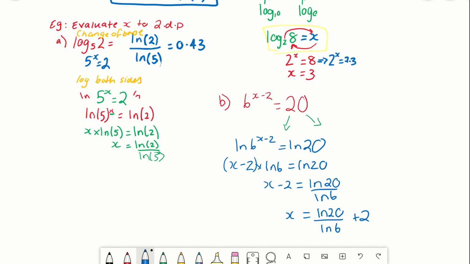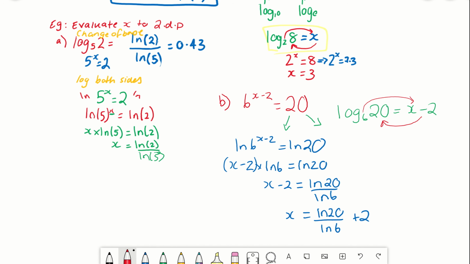Now, the other way you could have done it is by rewriting this in log form. If I rewrite that in log form, that would give me log 6 of 20 equals x minus 2. Double check it, because that would be little number to the power of the answer gives me the big number, and that's what it was.